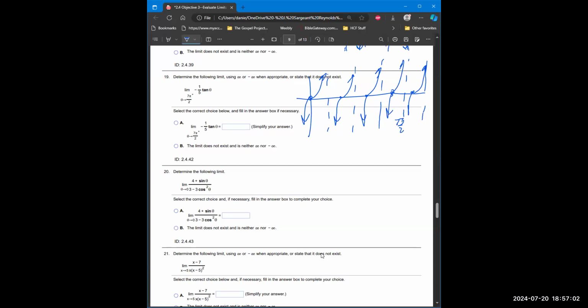And I want to come at it from the right. So we're going to negative. Now that would be regular, but I'm going to multiply that by negative 1/5. So a negative times a negative is going to be a positive here.